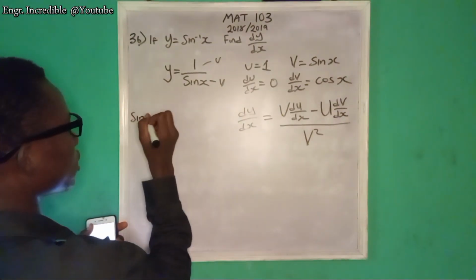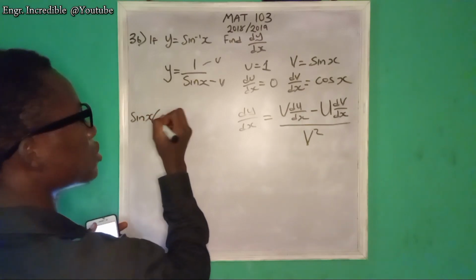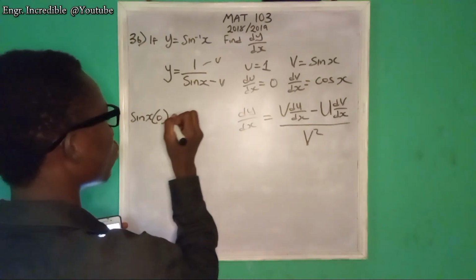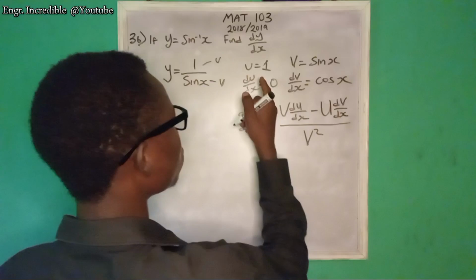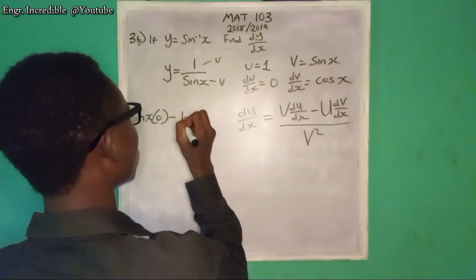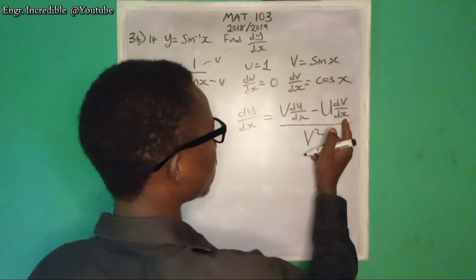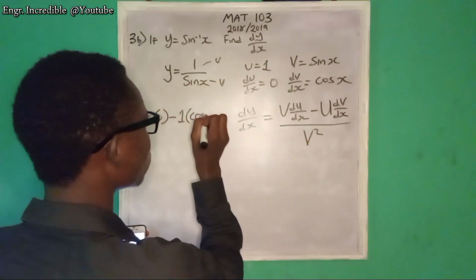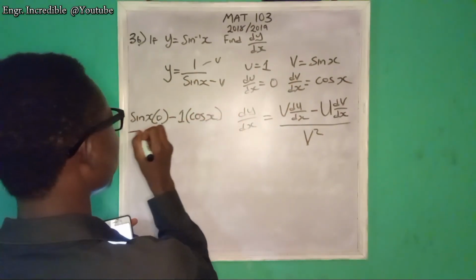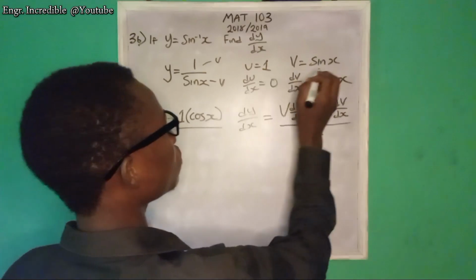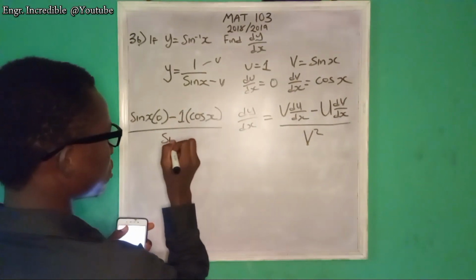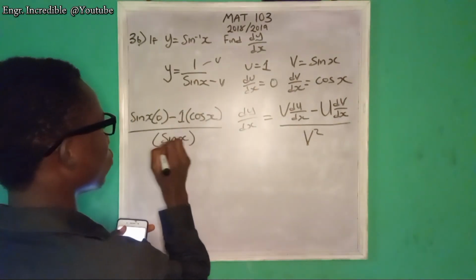We have sine x times du dx, which is 0, minus u here, which is 1, times dv dx, which is cos x, divided by our v, which is sine x, then square it, sine x whole squared.